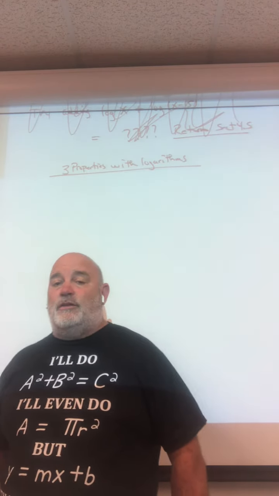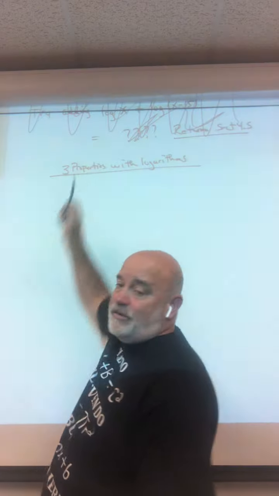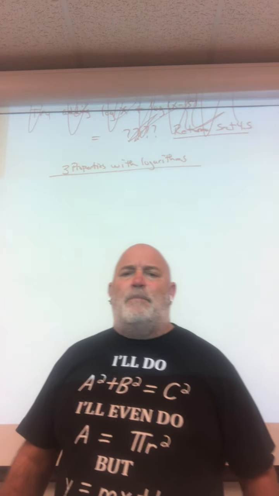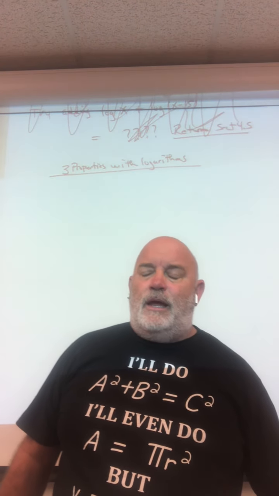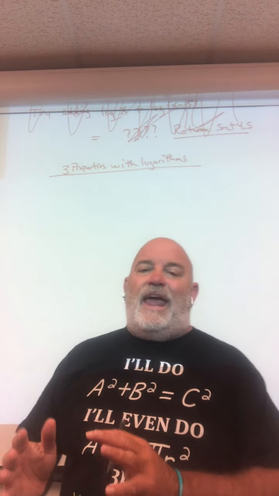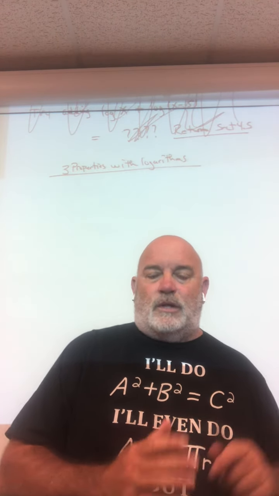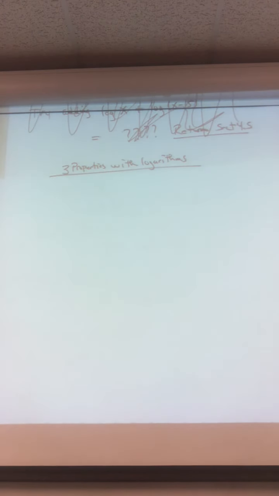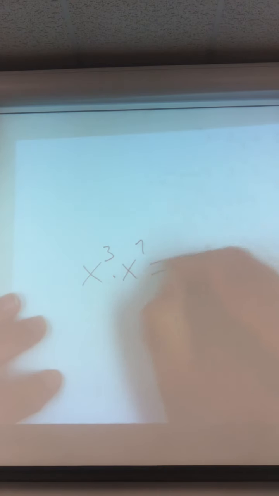All right. First of all, when I say 3 properties of logarithms, what do I mean by properties? A property is just simply things you can and can't do with logarithms. Let me give you a for instance. You don't have to write this down. We did this a while ago.